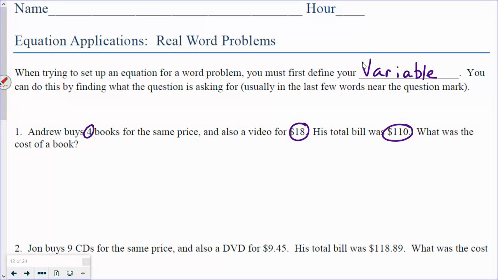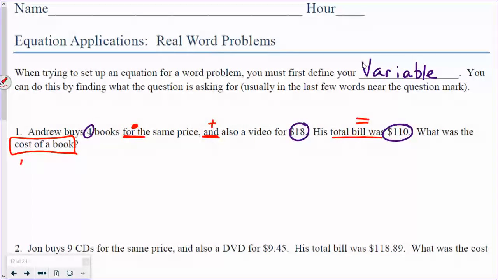You bought 4 books for the same price, so that means that is a multiplication. The word and, we are going to add it. His total bill is what we equal. So remember, what are we trying to find? We are trying to find the cost of the book.